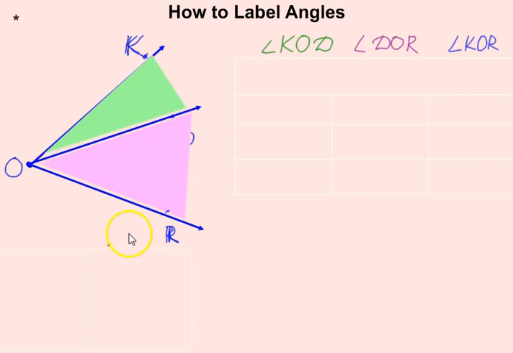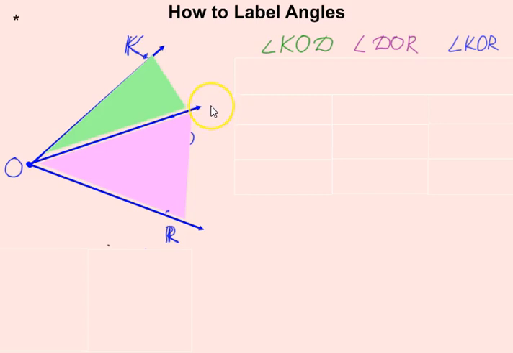It is easy to see now that the largest of all, the angle KOR, is actually composed of 2 adjacent angles, the green and the pink one. We call them adjacent because they share a vertex, O, and a ray, OD, one of the arms that belongs to both of the angles.